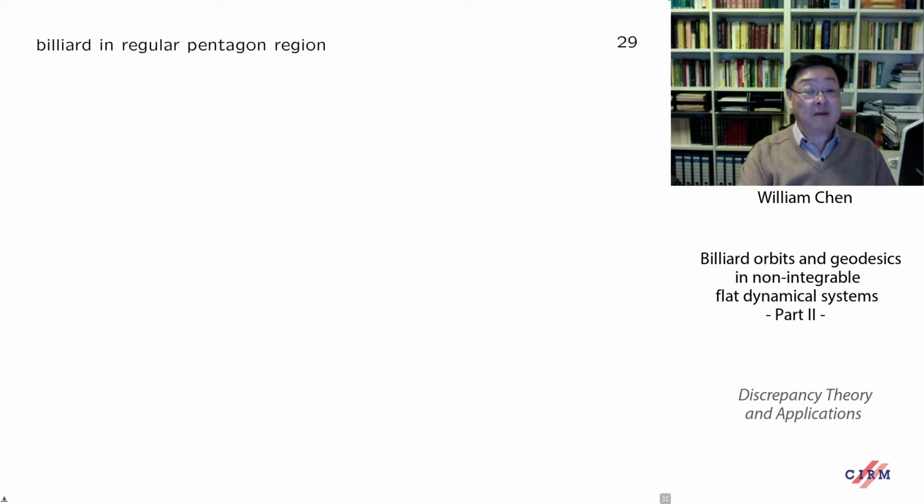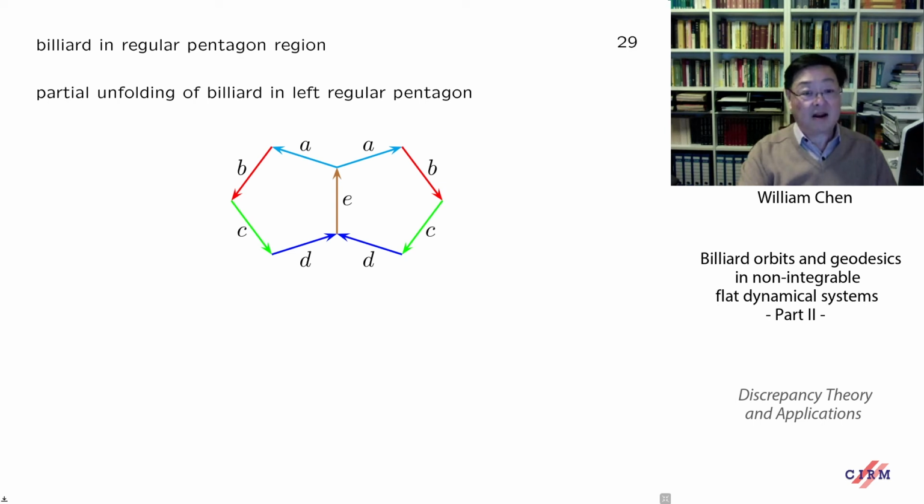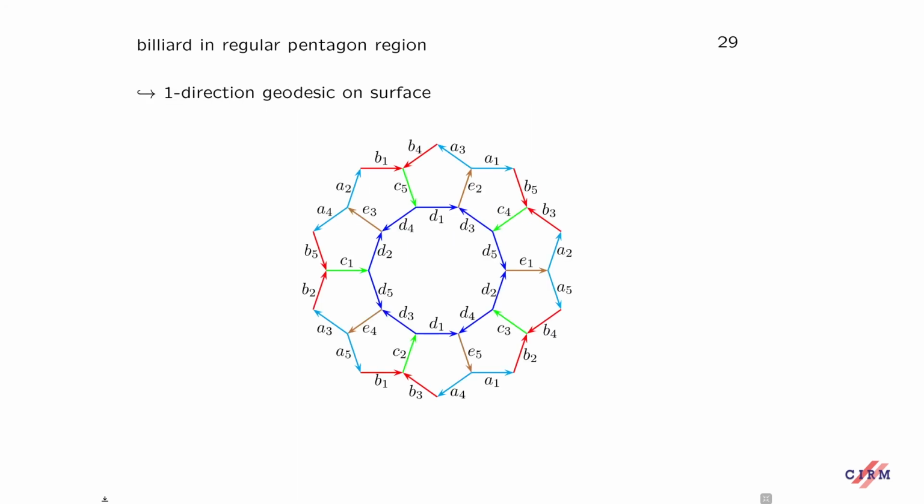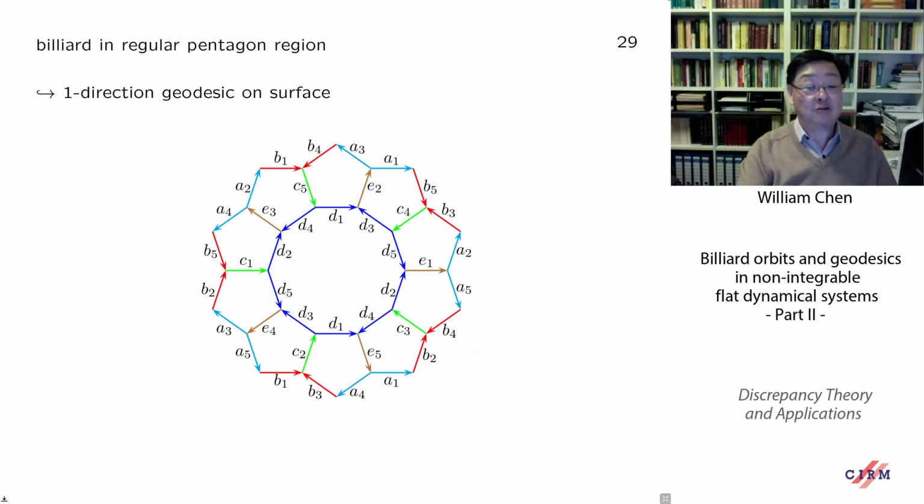Next, how about billiard in the regular pentagon region? We reflect one to get the other here, and that suggests that we keep on reflecting. And if we do that, we can actually show that billiard in the regular pentagon region is equivalent to one direction geodesic on this surface that's made up of 10 regular pentagon faces.